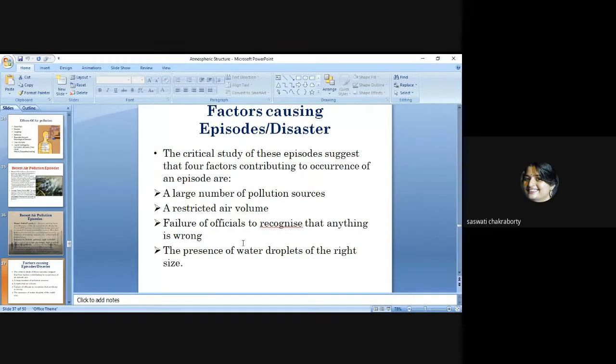They need to recognize the reason behind this pollution and take steps in order to prevent it. And the presence of water droplets of the right size, of course.